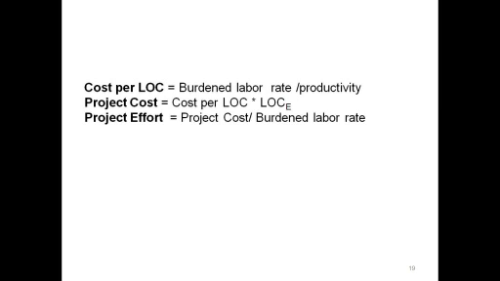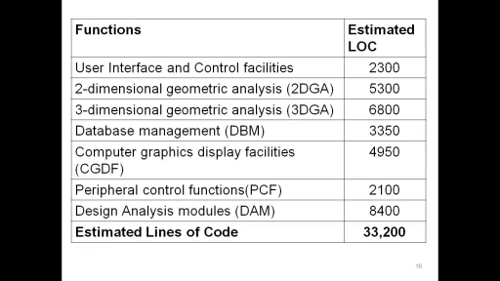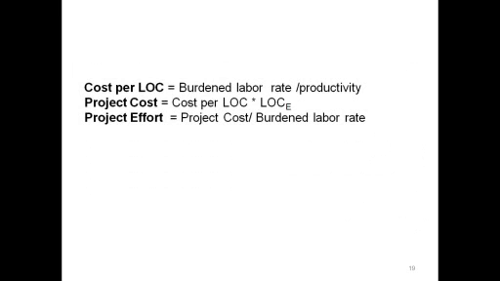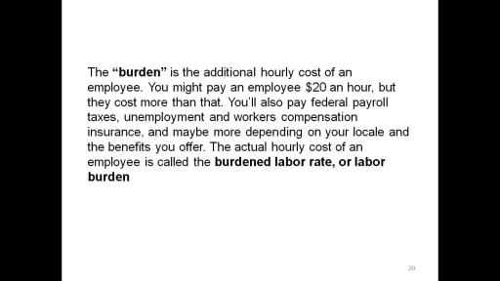That is, you have to take the result of the cost per LOC and the LOC estimate, and this time we have to refer to the estimated lines of code in this table. The project effort is equal to the project cost. So it is necessary to compute this project cost first before proceeding to the project effort. So project effort is equal to the project cost divided by the burdened labor rate.